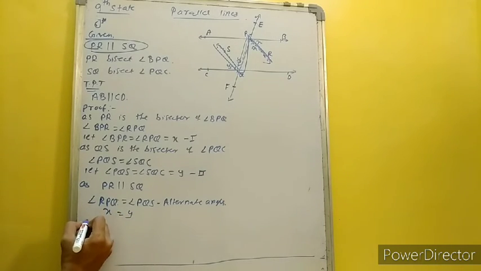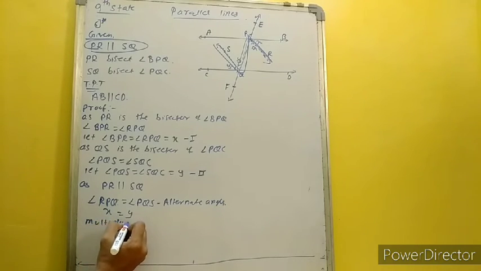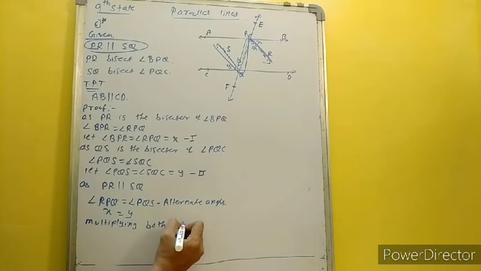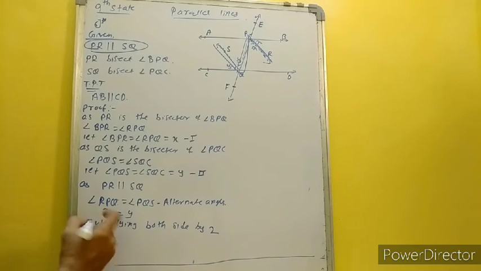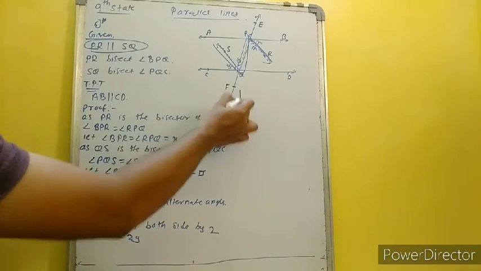So I will do one step: multiplying both sides by 2. That is, X will become 2X and Y will become 2Y. Okay, we can multiply it like that.